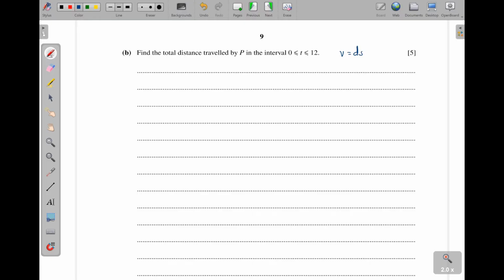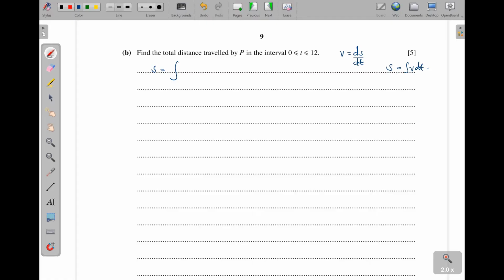Okay, all right, now we can go back, and you know that velocity is equal to the rate of change of displacement. So meaning displacement is going to be the integral of v dt. You see that? Now let us find displacement. We are going to integrate the expression for the velocity.